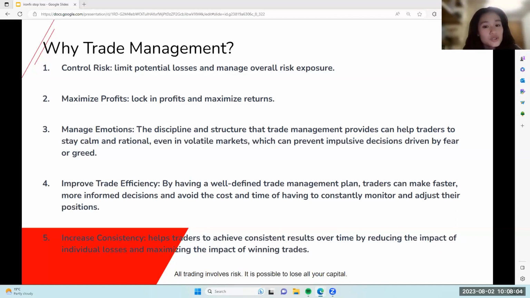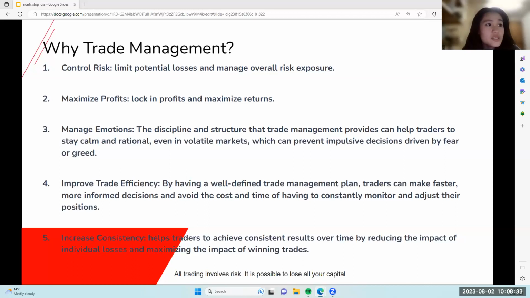So firstly, why is it so important to have a trade management strategy? Firstly, to control risk. Trade management strategies such as stop loss orders and position sizing help traders to limit their potential losses as well as manage their overall risk exposure. Next, maximize profits. Trade management strategies such as take profit orders and trailing stops help traders to lock in profits and maximize returns.